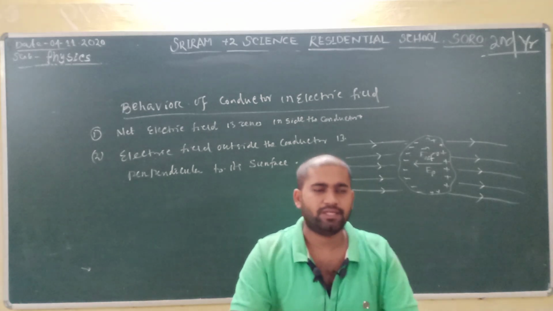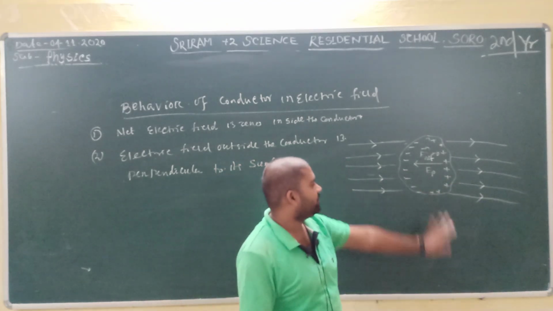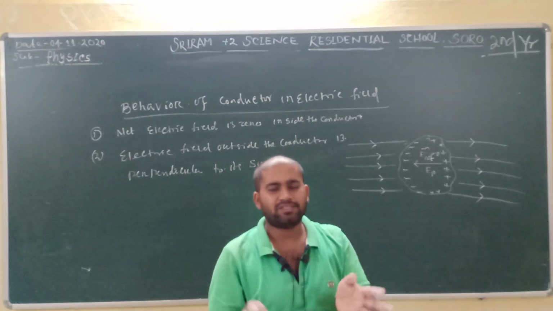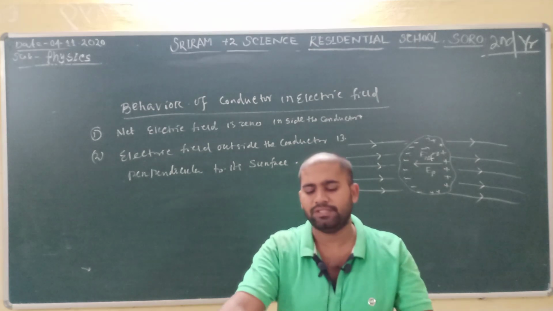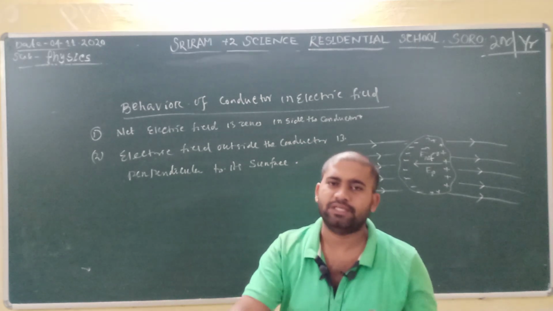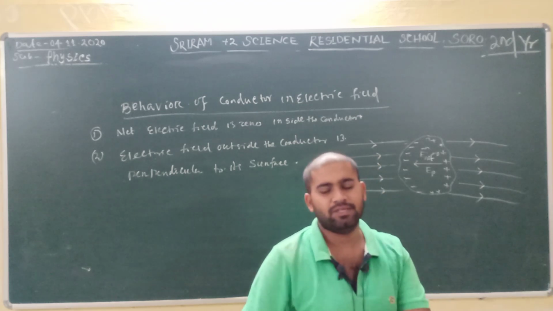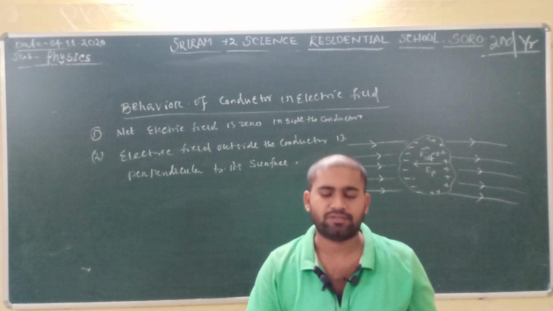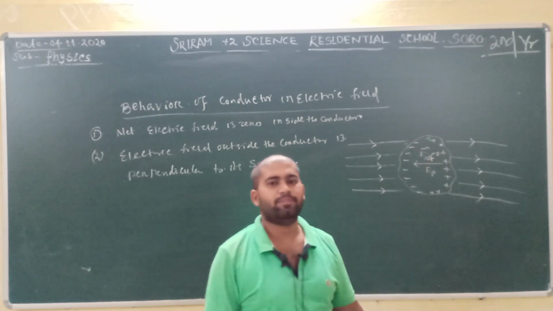Third thing we can observe here: when we place the conductor in an electric field, all the charges reside on the surface and the surface acquires equal and opposite charges. As the surface acquires equal and opposite charges, the net electric field inside the conductor is 0, which means the net charge inside the conductor becomes 0.